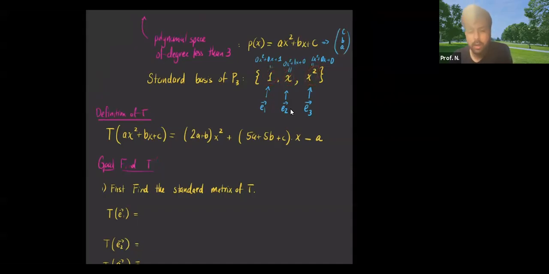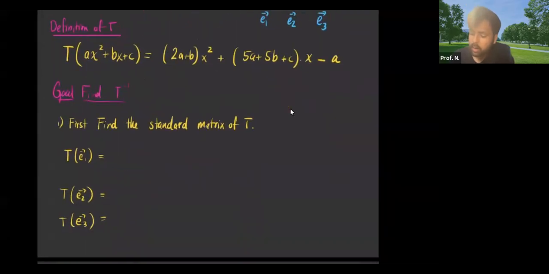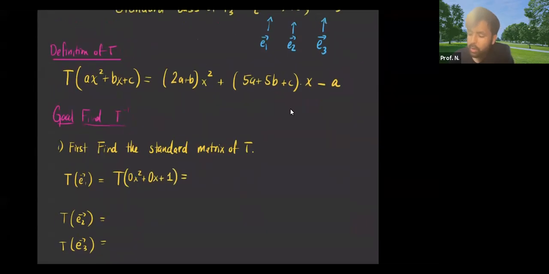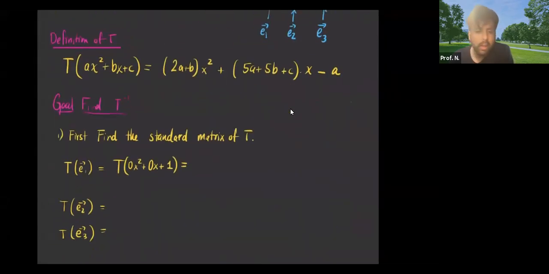I hope that makes sense. So then I can plug in T of e1, right? And this becomes T of 0x squared plus 0x plus 1. And when I do that, I just have to apply the rule that I'm given. I take 2 times 0 plus 0, x squared, plus 5 times 0 plus 5 times 0 plus 1, x, minus 0.